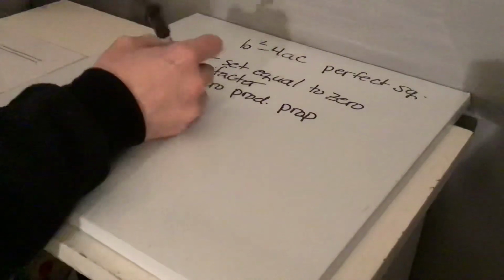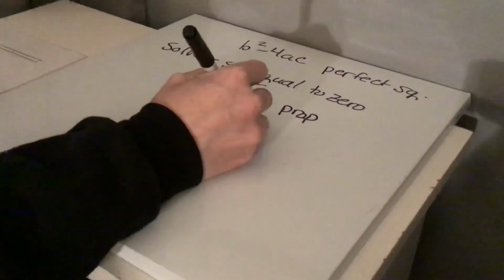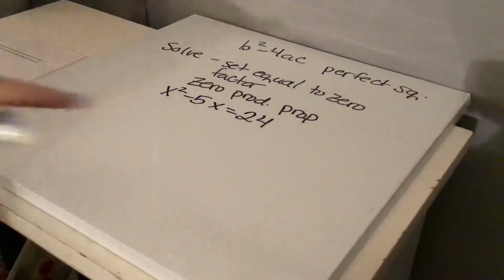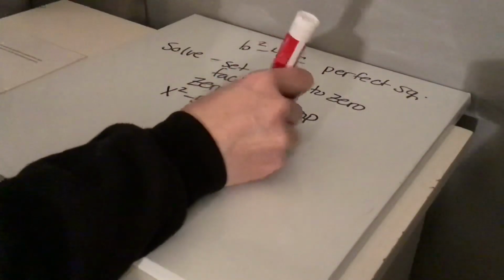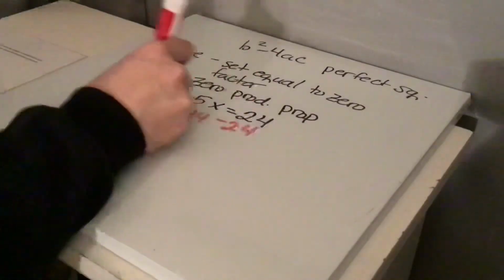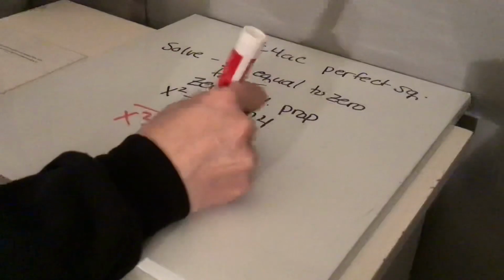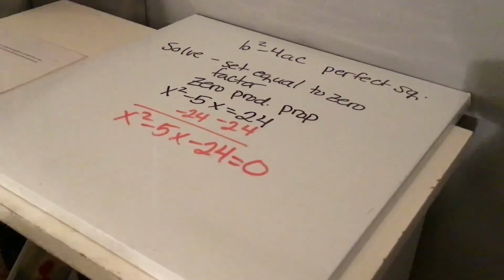So we're going to solve x squared minus 5x equals 24. So you have to set it equal to 0. That means I'm going to move the 24 over to the other side. So subtract 24. And I end up with x squared minus 5x minus 24 equals 0.